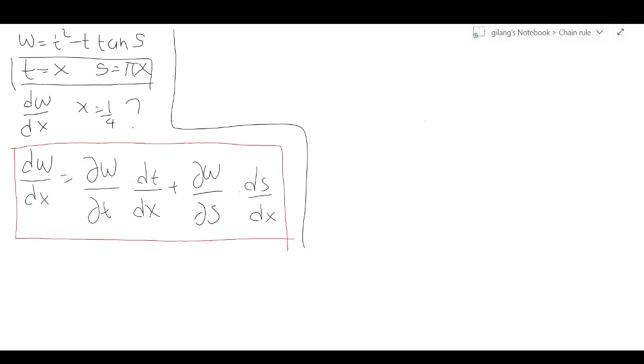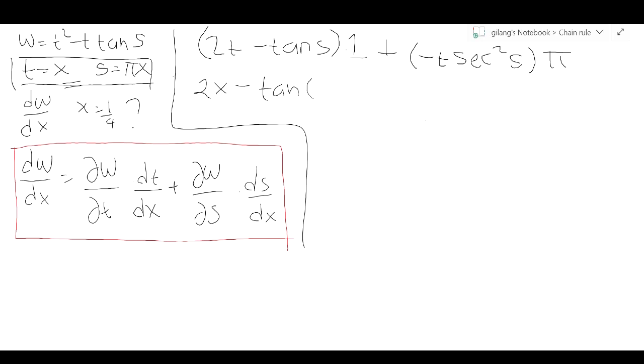According to the diagram, the question asks us to use the first theorem, as I mentioned before. So dw over dx equals the partial derivative of w over t times dt over dx plus the partial derivative of w over s times ds over dx.